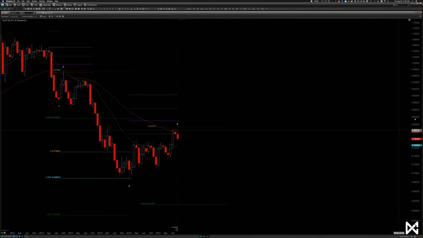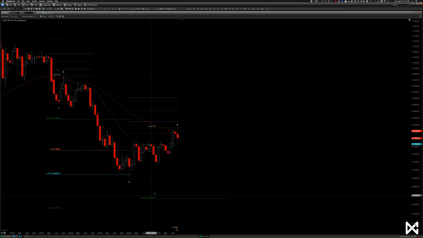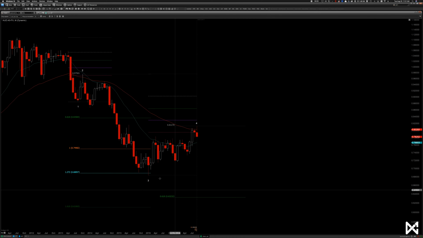First one being obviously 0.618. But as I mentioned, a lot of times a good target for wave 5 will be the previous lows, the lows of wave 3. And the main target could be 0.618. So you should watch out for the bottom of wave 3 as a potential target region, but you can potentially push it all the way down to 0.618.